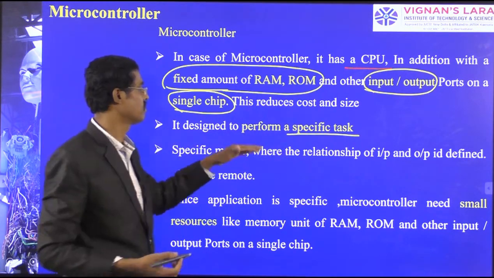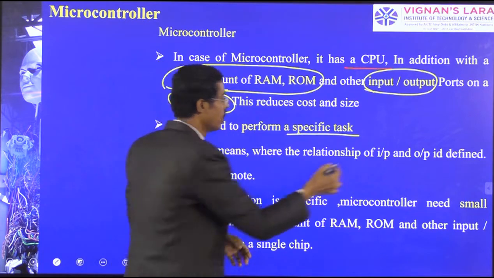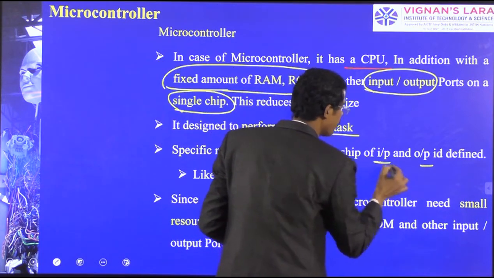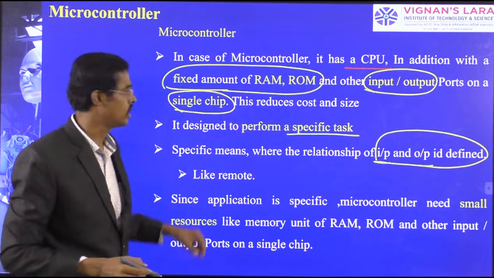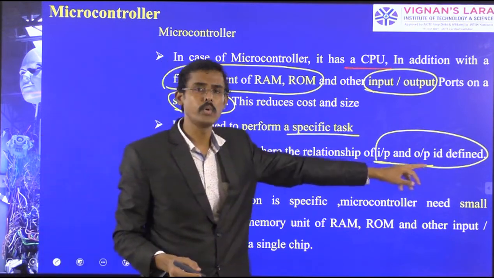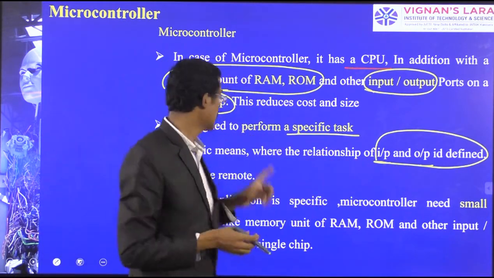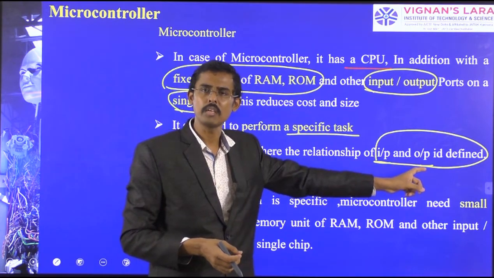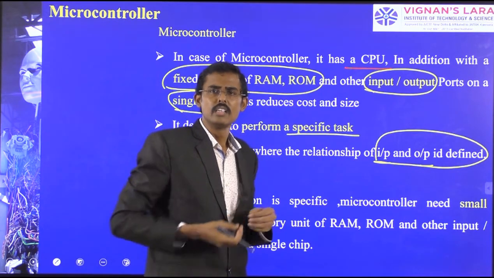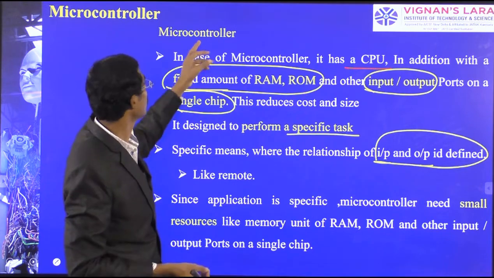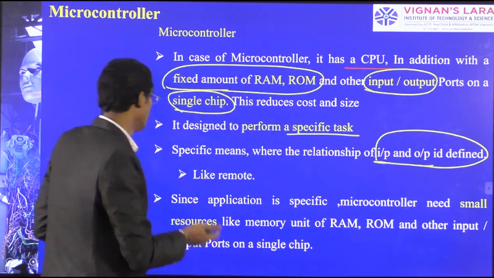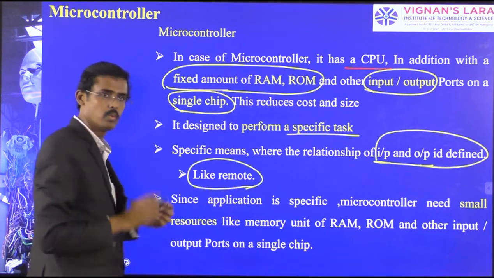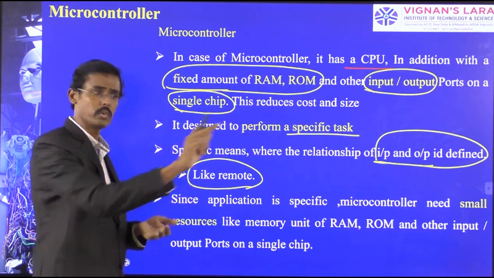Specific means the relationship of input and output is defined. In the microprocessor, the relationship between input and output is undefined. Now I am defining that for the microcontroller the relationship between input and output is defined, like a remote: clicking 1, it does this; clicking 2, it does that.